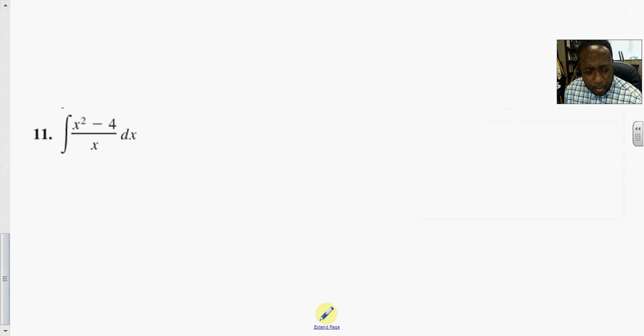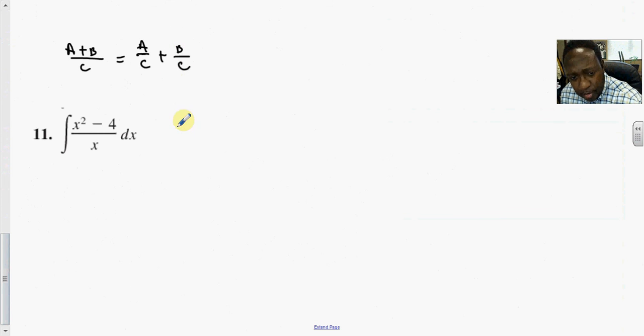Now this is pretty cool. Anytime we have a plus b divided by c, you can simplify that just using arithmetic. This is a over c plus b over c.